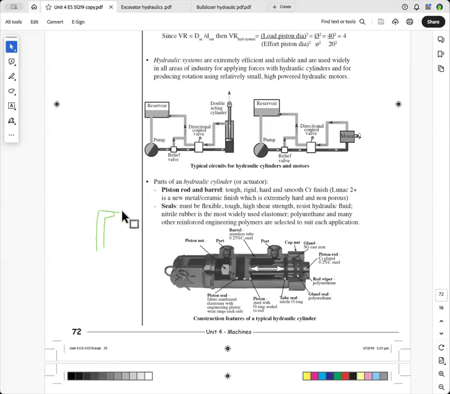And so this is the cylinder there, and you've got your hydraulic fluid all over here. And so when you've got a massive amount of pressure in here, not only is it pushing this seal, and this is a neoprene seal, it's pushing at 90 degrees to all surfaces.